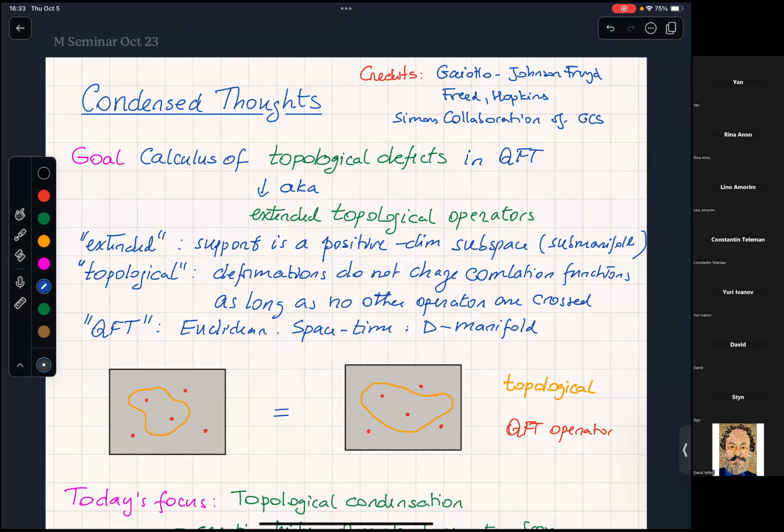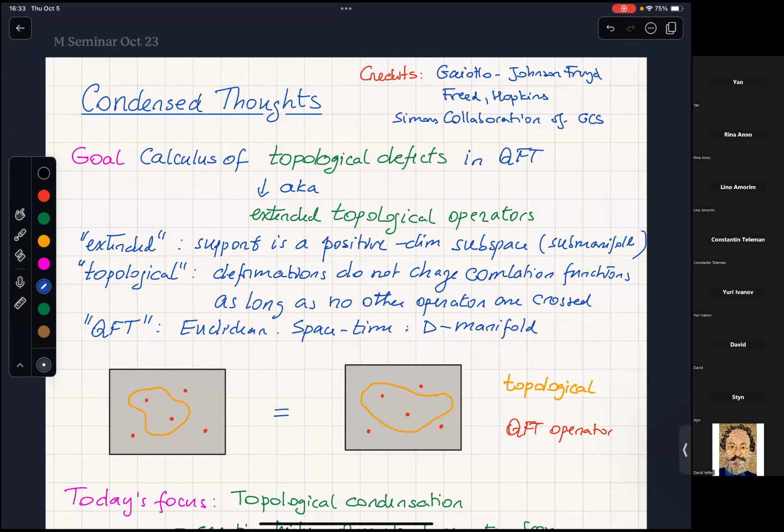So the condensation I'd like to discuss is something that's being used these days in physics a lot, in quantum physics, and also now in topological quantum field theory in connection with symmetries. And it's part of what we now call the calculus of topological defects in quantum field theory.